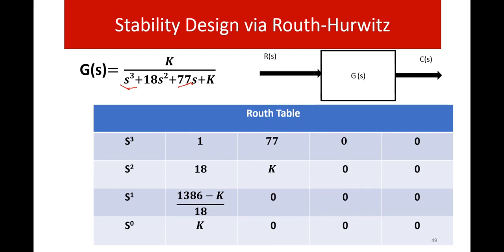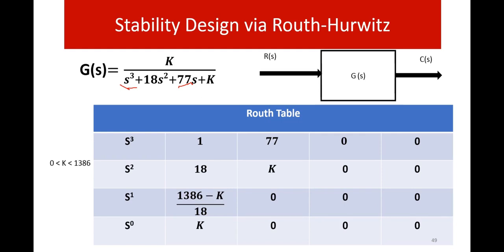So the first column defines the stability by using the RH criteria. Except k, the remaining values are constants: 1, 18, 1386. So how to define the stability by using the value of k?